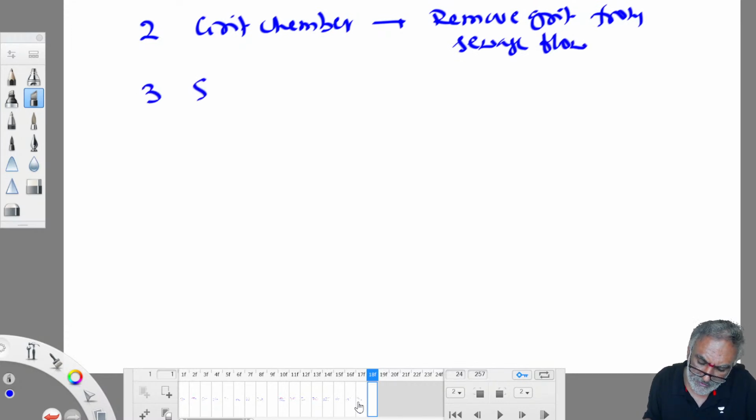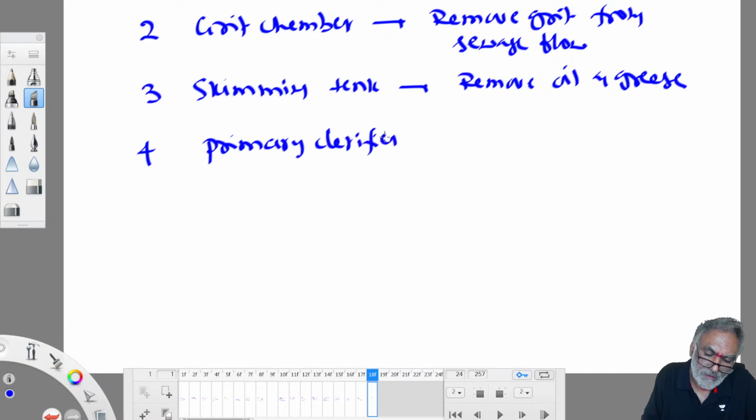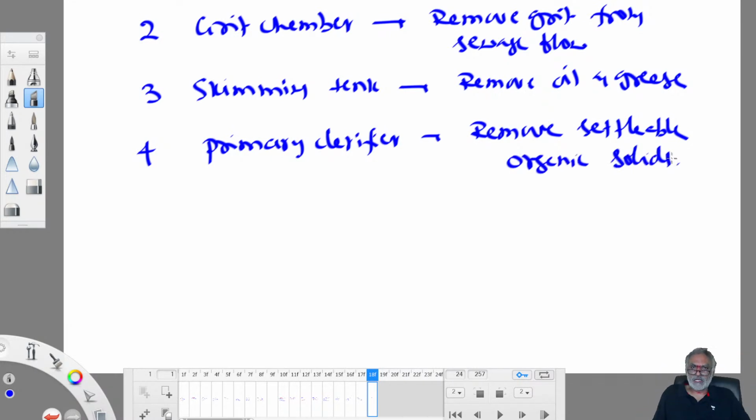The skimming tank removes oil and grease. And the primary clarifier removes settleable organic solids. So each one removes one kind of contaminant present in sewage.